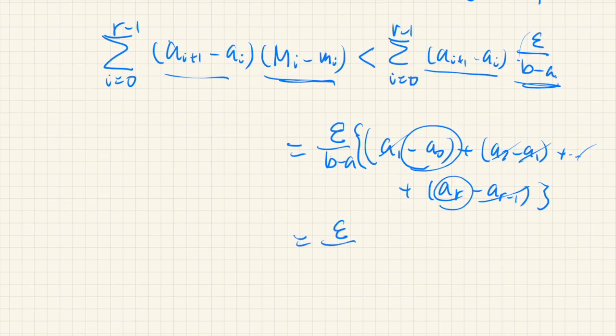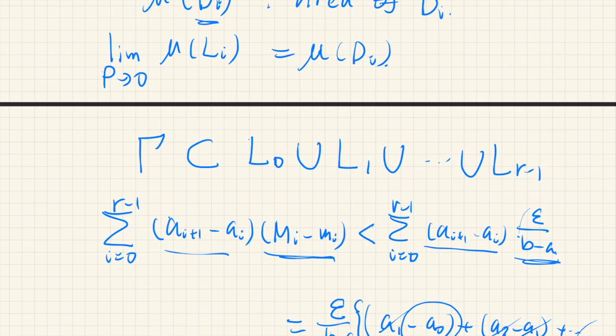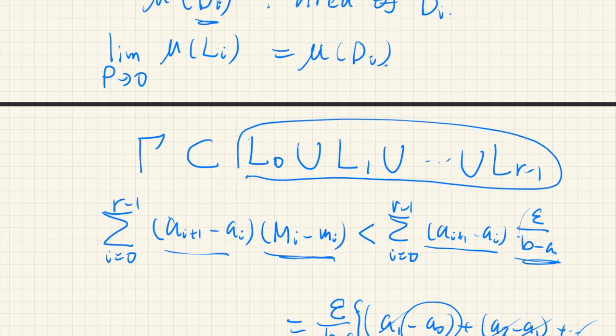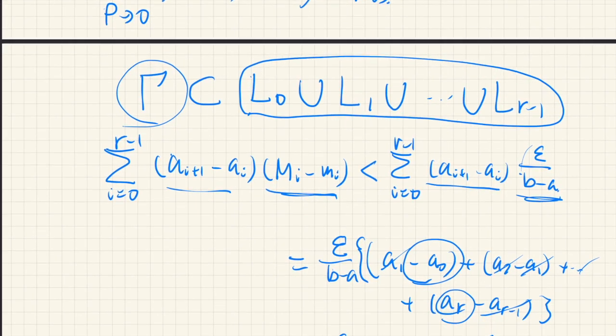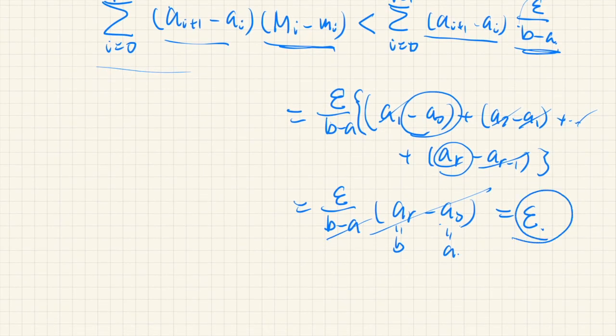So that is epsilon over b minus a times (a_r minus a_0), but a_r is just b and a_0 is just a, so we have epsilon. That means this finite set of open rectangles covers the graph, and the sum of the areas of these rectangles is less than epsilon, where epsilon is any positive real number. Therefore, by the definition of a null set, gamma is a null set.